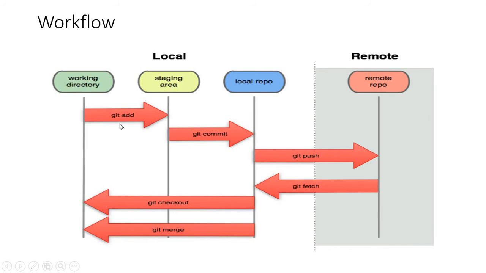That you can do with the git add command. Git add, use the file names there, so that those files will be added to the staging area. Then those files can be committed to the local repository. Committed means just saving those files to the local repository. Then after the work is done, you can push to the remote repository so that other developers can take your code.